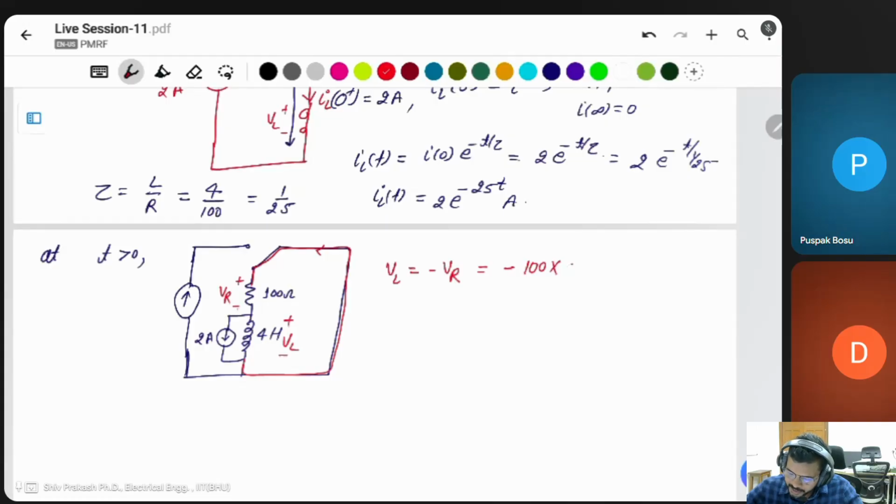But in this case the initial current is 2 ampere, but the actual current flowing through it is 2 into e to the power of minus 25t. This is the initial current. At t equal to 0, it is 2 ampere. At infinity, this will be 0. That's why the inductor current iL(t) is 2 into e to the power of minus 25t.